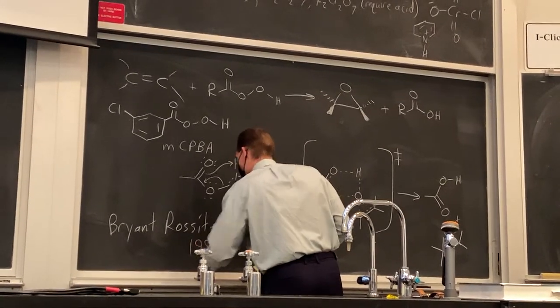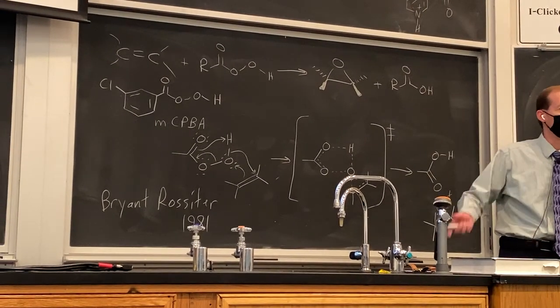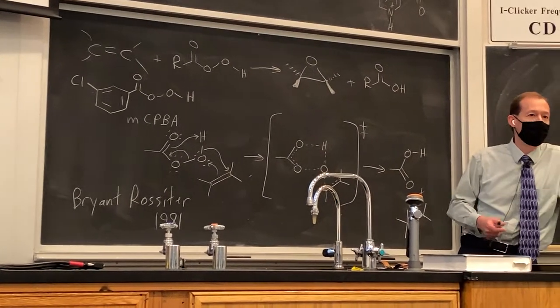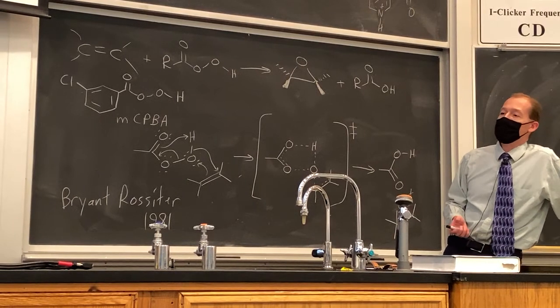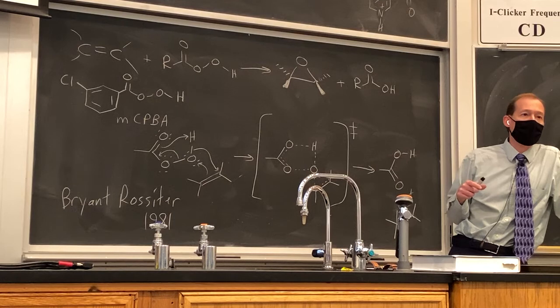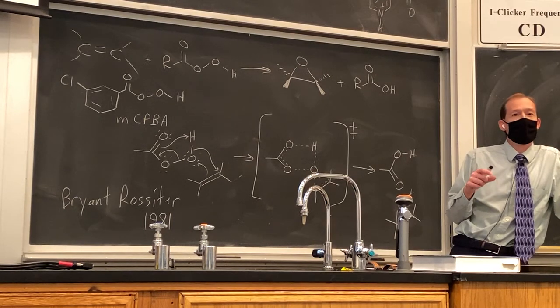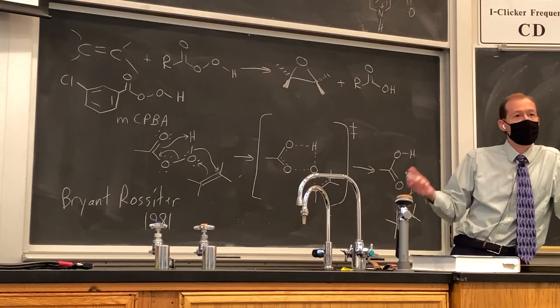But in 1981, Bryant Rossiter was a graduate student at Stanford working on his PhD thesis. And what he was trying to do was develop a chiral catalyst that would allow him to make one enantiomer of a chiral epoxide and not the other.